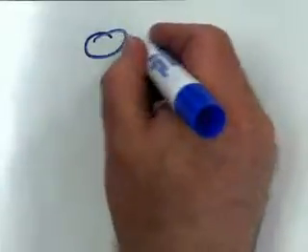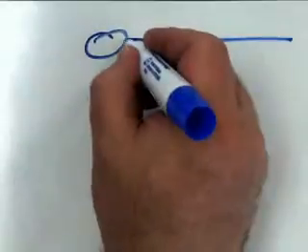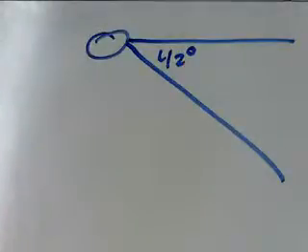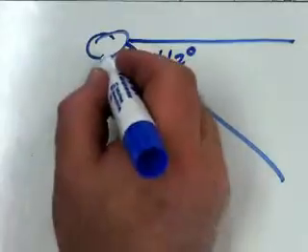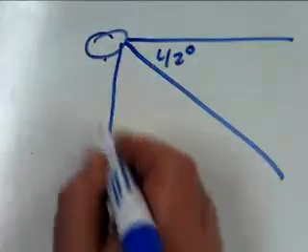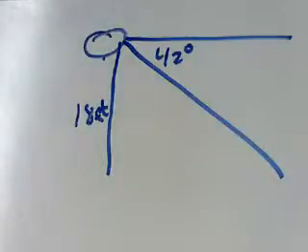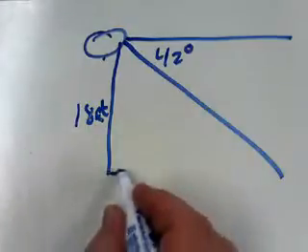It looks straight out, looks down. This is 42 degrees, right? Okay, and the helicopter is 18 feet above the water, which means from here to here is 18 feet. Make sense so far? They want to know how far it is from here to here.